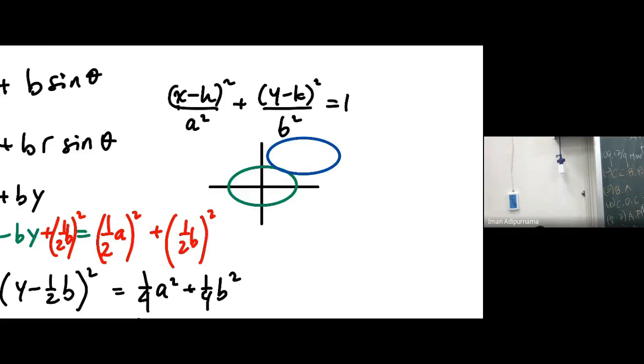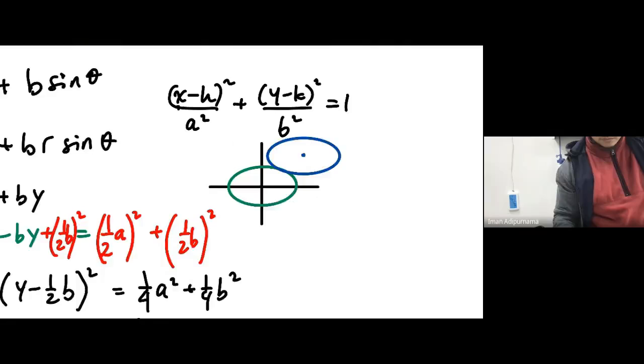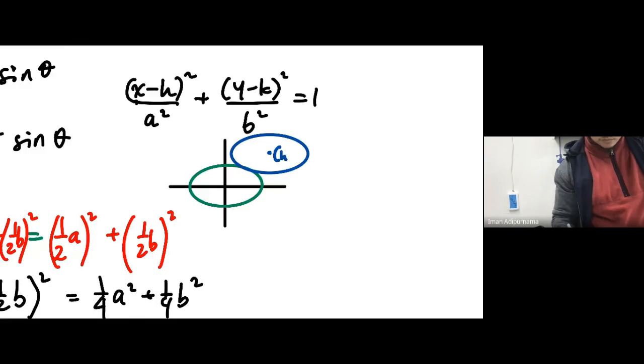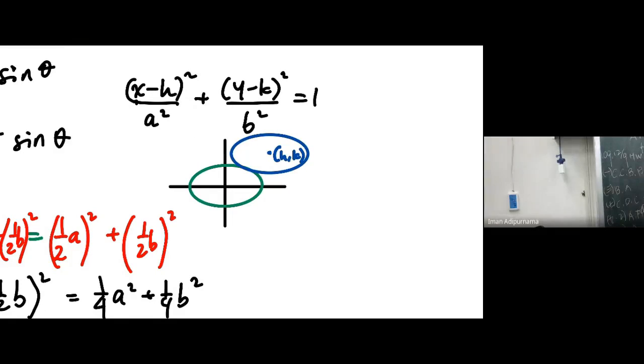Maybe it's shifted from 0, 0 to h, k here, or maybe somewhere else. This is just an illustration. It depends on the exact coordinates. Can be here. So that's the shift.